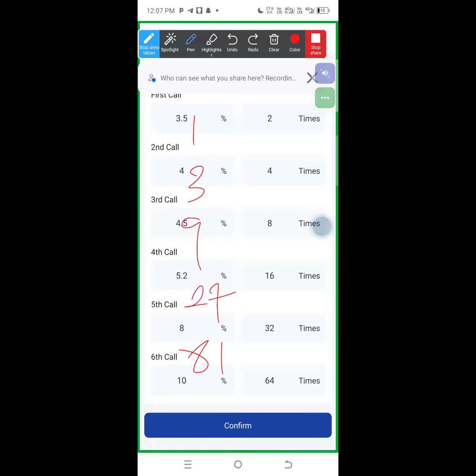So over here, that is how it's going. So check it out. So let's add. In total, you're going to use approximately how much? Do the calculation and give me the answer. 1 plus 3 plus 9 plus 27 plus 81.